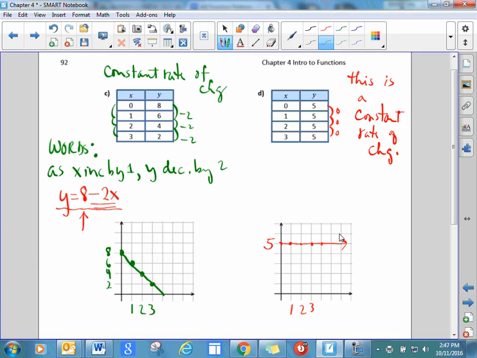It's kind of a special condition because it's a perfectly horizontal line, but it still has the same properties of the other graphs. So the words: as x increases by 1, y does not change, or y stays the same.